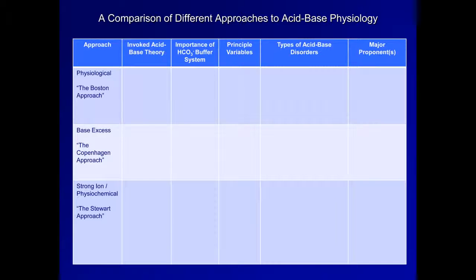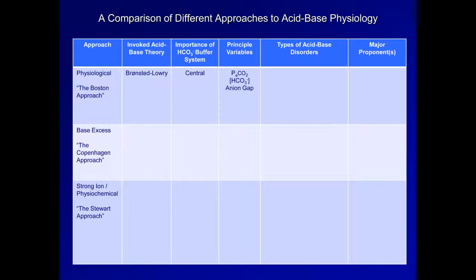Starting with the physiological or traditional approach, it invokes the Bronsted-Lowry theory of acids and bases. The bicarbonate buffer system is central to the approach. The principal variables it focuses on are PCO2, serum bicarb concentration, and the anion gap.